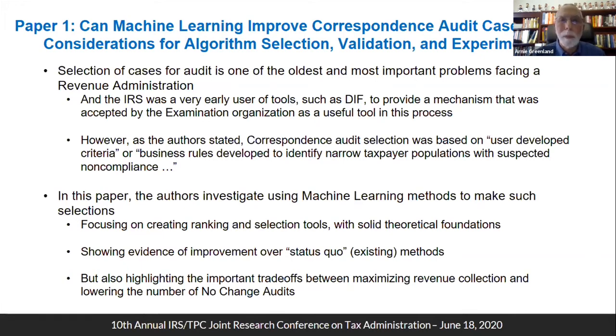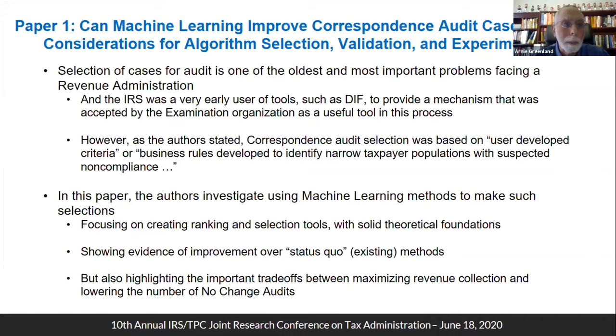I didn't know this prior to reading this paper. I wasn't sure how correspondence audits were selected, but the quote from the paper was that they're based on user-developed criteria or business rules developed to identify narrow taxpayer populations with suspected non-compliance. So basically, it's a little bit more on the judgment side as opposed to a particular analytical approach.